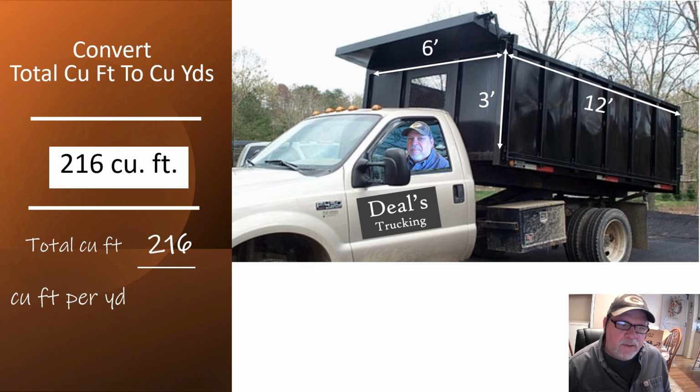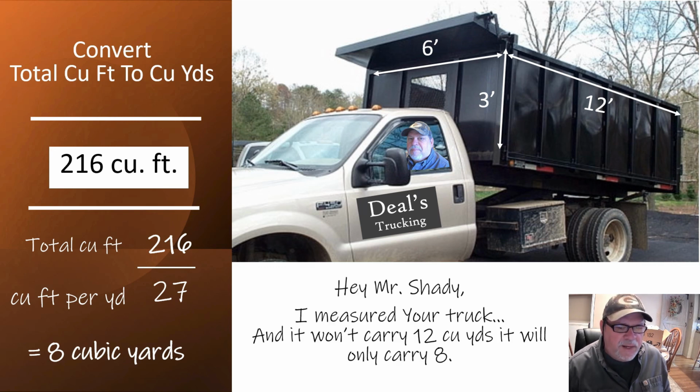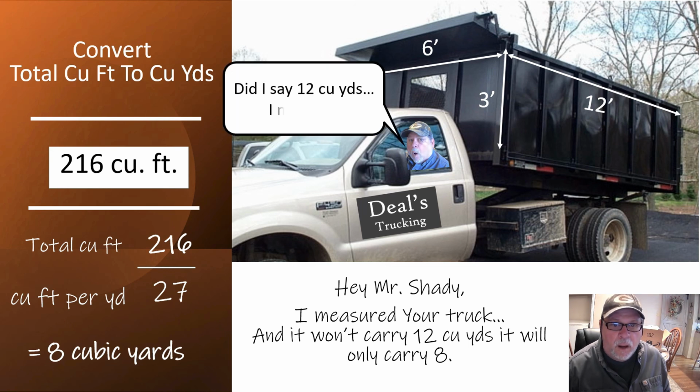So you just take that 216 cubic feet, divide it by 27, and you get 8 cubic yards. What does Shady Deal say? Hey, Mr. Shady, I measured your truck, and it won't carry 12 yards. It'll only carry 8. Oh, did I say 12 yards? I meant 8. Shady got busted.